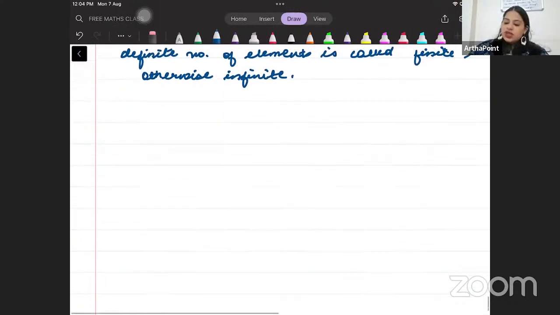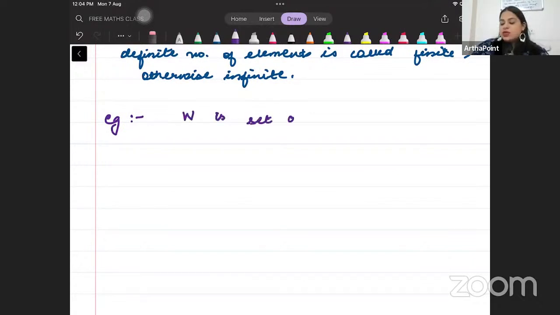Or examples kuch le lete hain beta. So take these examples. The first example is that W is the set of days of a week. So beta, days of the week are fixed. There are 7 days in a week. So W is a finite set. Take the next example beta.